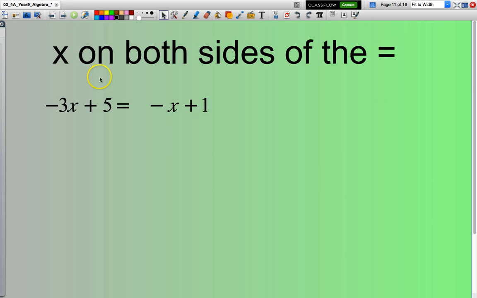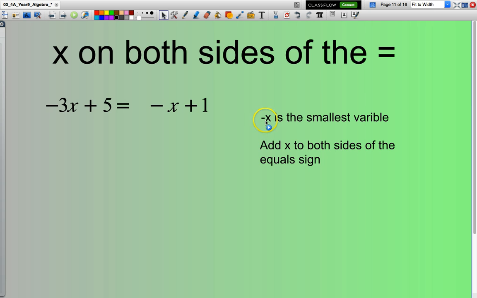So next equation, negative 3x plus 5 equals negative x plus 1. So I've got a negative 3x on this side, negative x on that side. I need to identify the smallest variable, which in this case is a negative x. And to get rid of that negative x, I will add x to both sides.